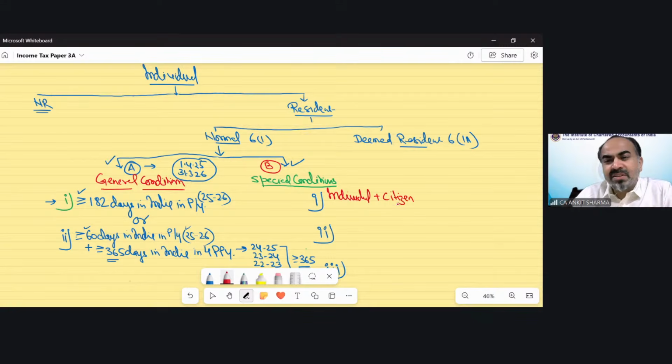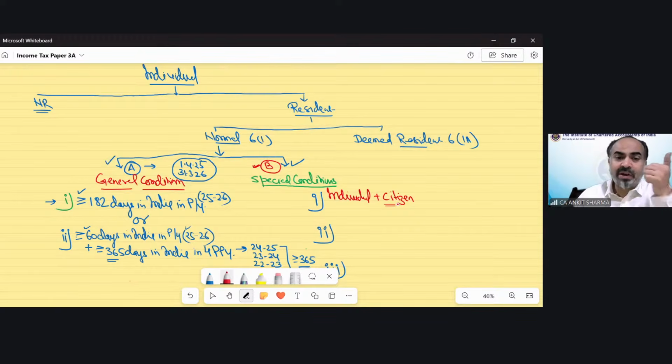We have discussed the meaning of the term citizen of India initially, so we do not need to break the flow of the provision now. For those individuals who are citizens of India, they can take the benefit of category B. This category B is for your benefit. If you fall in category B, that is good news for you.